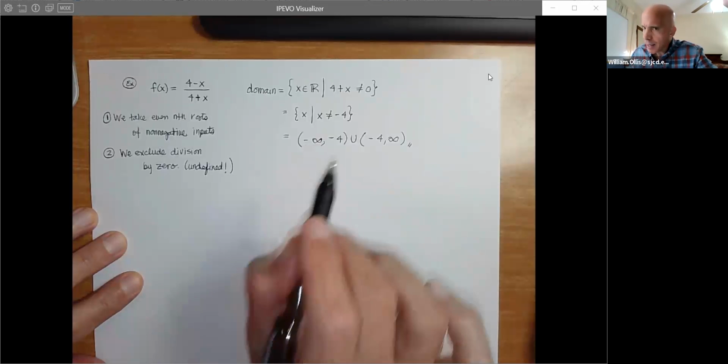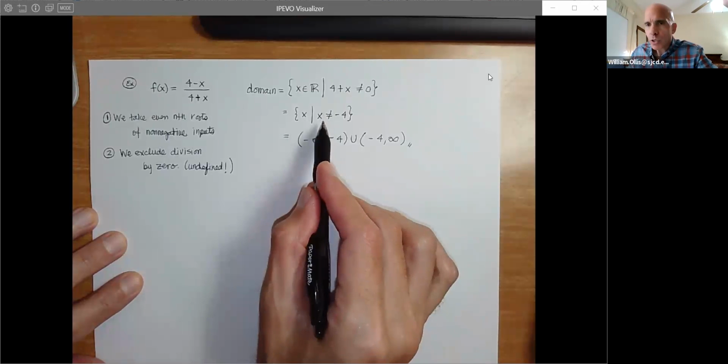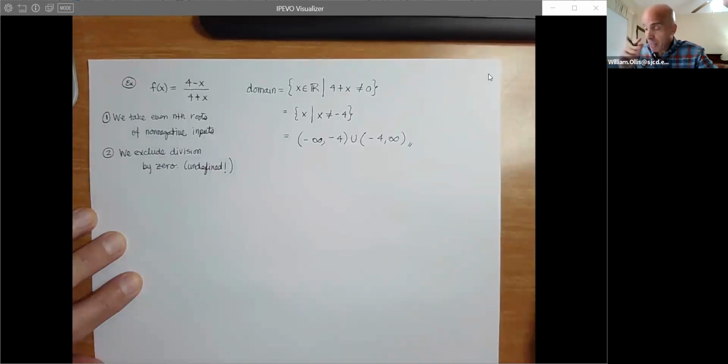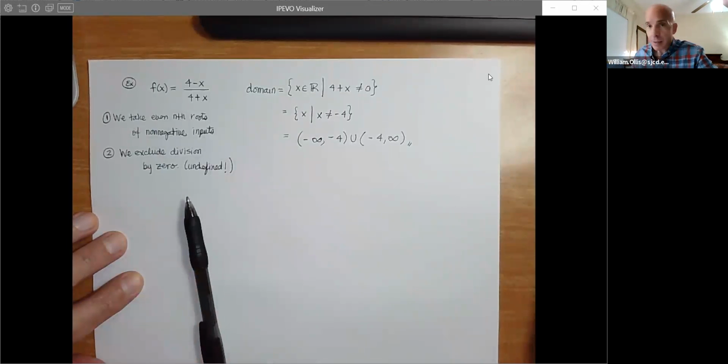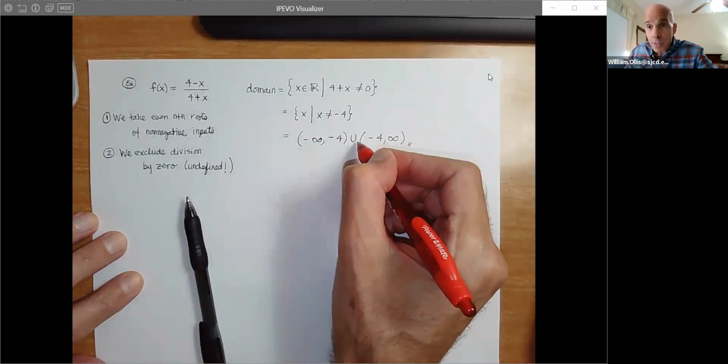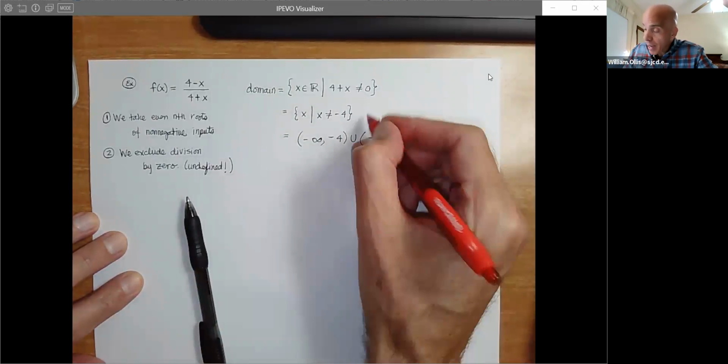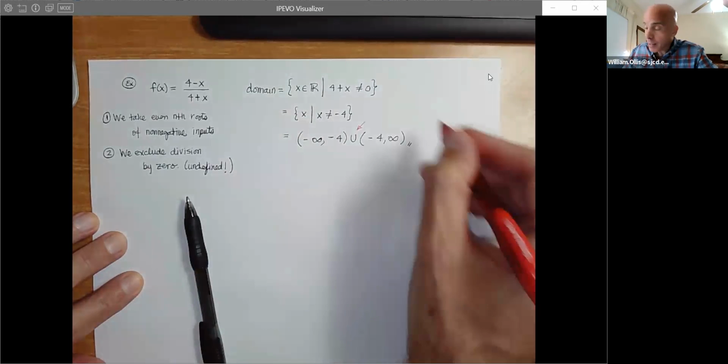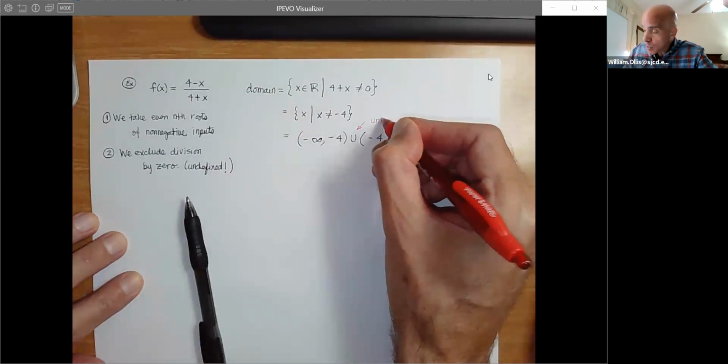There may be occasion where you will use the set theoretic notation, but here's the main thing, ladies and gentlemen. You must use the union symbol. When you say this or that, you must go over to the palette and use the union symbol.